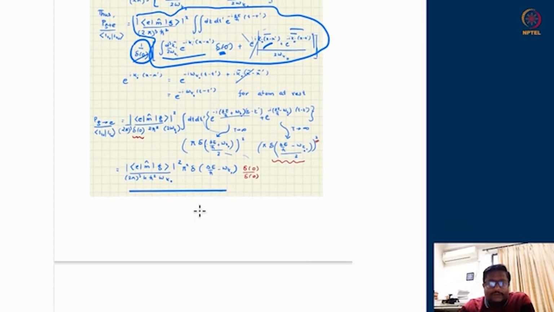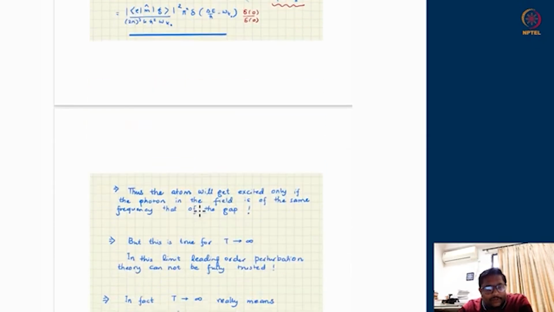So the Unruh-DeWitt detector route at least is telling us the results are consistent with our expectation. If there is no photon in the field, the atom should not get excited. If there is a photon in the field, the atom may get excited depending upon whether the photon has the same energy as the atom's transition lines or not. So that is a very reasonable approach.